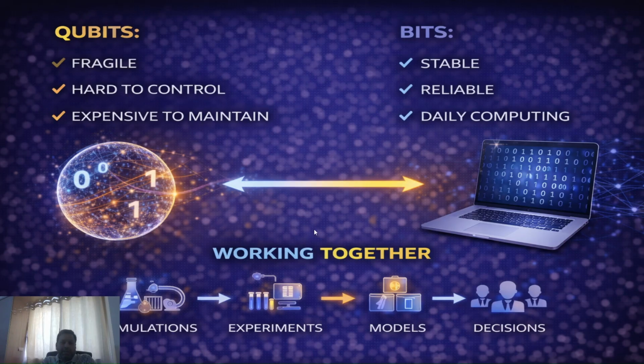Now finally you understand this. Qubits are fragile, hard to control, expensive to maintain, right? Which means this is not for every use case. For every use case you will not use it.